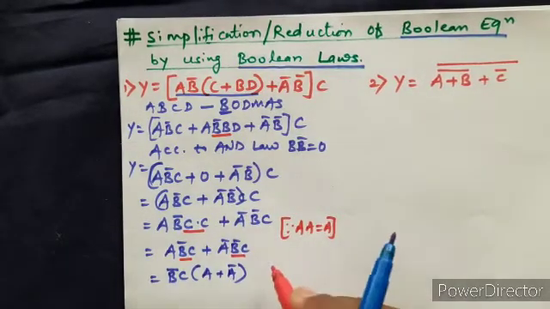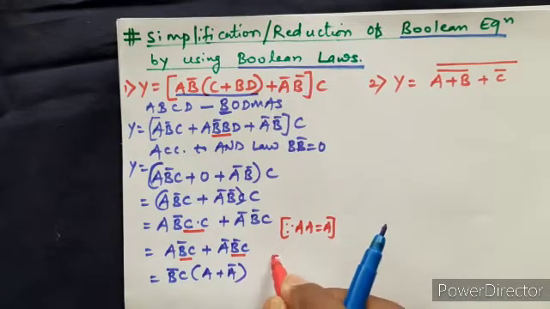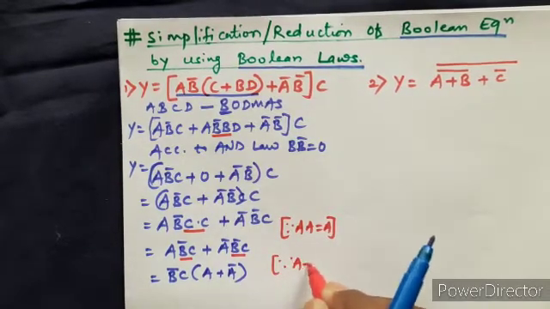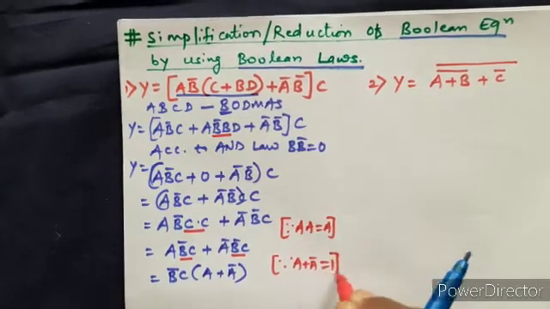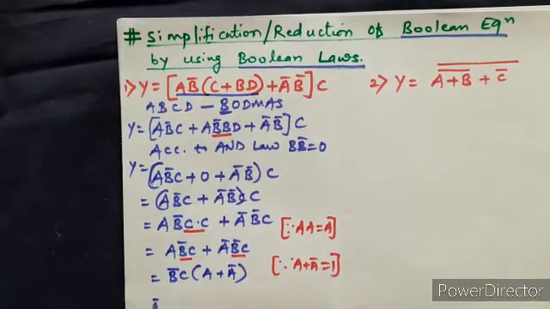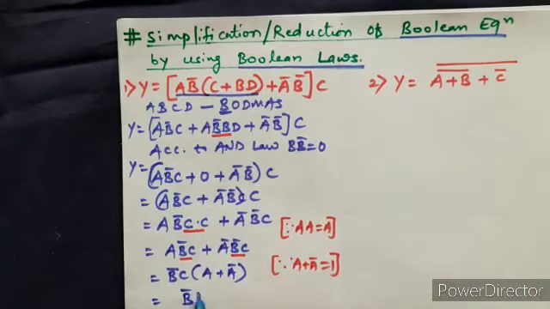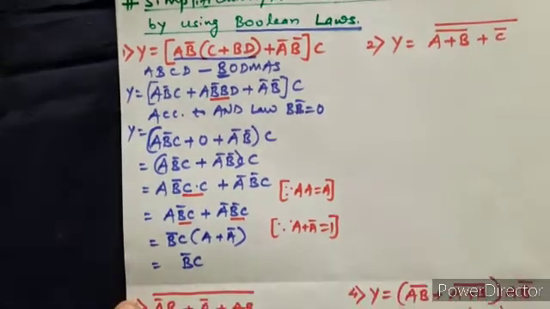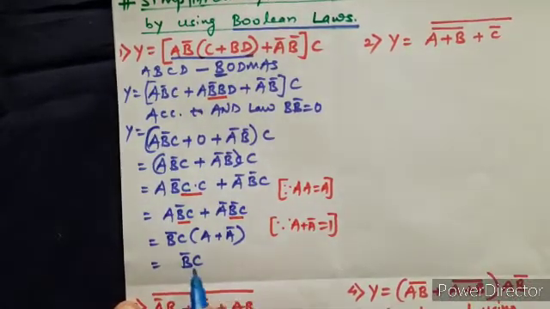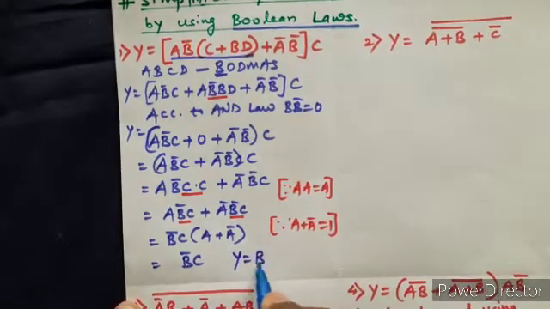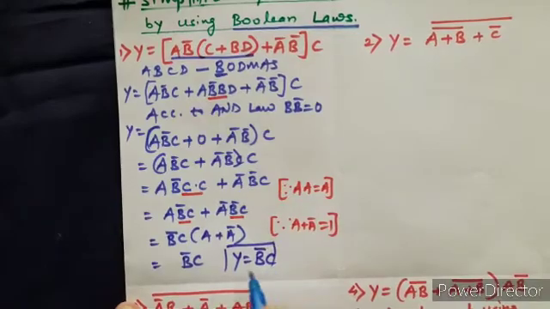Now again according to OR laws, since a plus a bar is equal to 1, my equation becomes b bar c. So my final answer is y equal to b bar c.